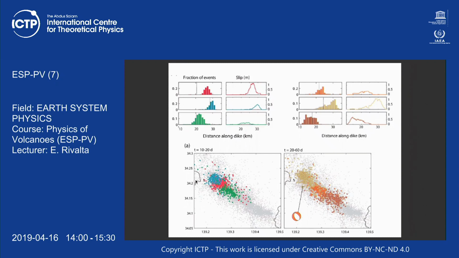In this case it was 1 kilometer a day. We talked about the velocity of dikes by themselves. When they are very deep, they can be very, very slow. But if they are shallow, generally they are like 1 kilometer an hour. Here it was more like 1 kilometer a day.